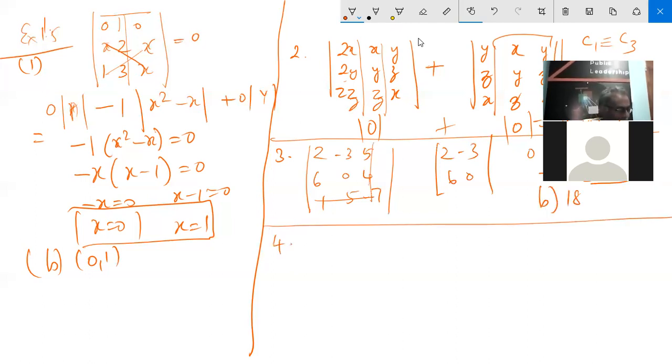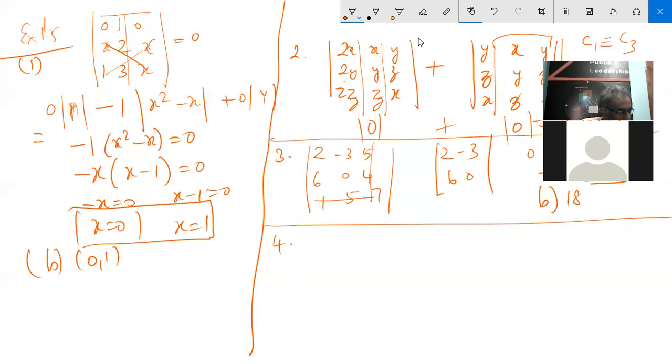Let's do the fourth sum. If one matrix is equal to 1, 2, 3, 3, 1, 2, 2, 3, 1, then 3, 1, 2, 1, 2, 3, 2, 3, 1 is... They have taken the first row, R1 is replaced by R2.